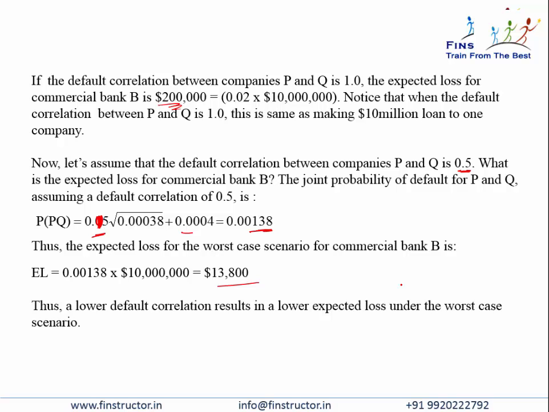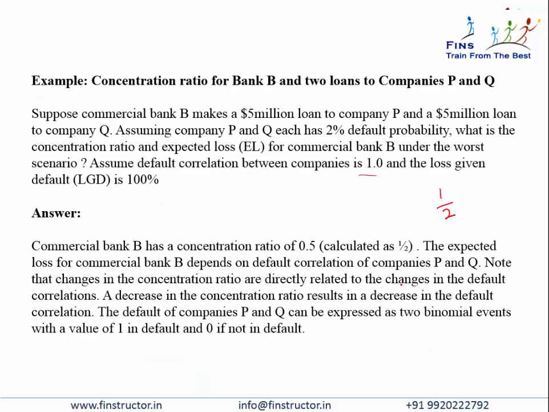So please note that the concentration ratio per se doesn't help. Just because the concentration ratio is half, it doesn't mean anything as long as the default correlation is very high. So the default correlation needs to be low for the concentration ratio to really have any meaning. So in this case, even though the concentration ratio was half, in the first case the probability of default still remained as 2% for the whole portfolio of 10 million.